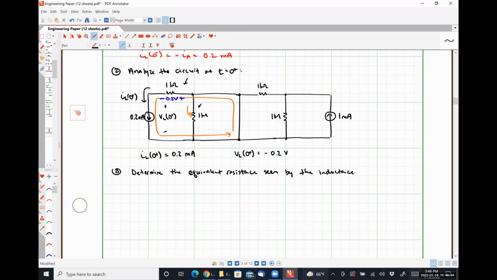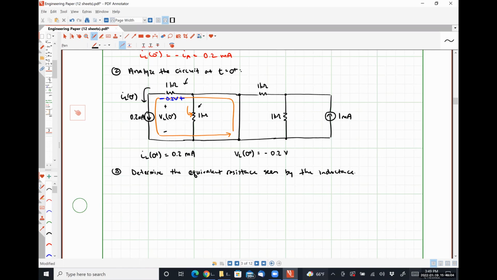Okay. Once I introduce a concept called time constant, we're going to rename this step, but it's effectively doing the exact same thing. Okay. So we are trying to determine the Thevenin equivalent resistance with respect to our inductor.